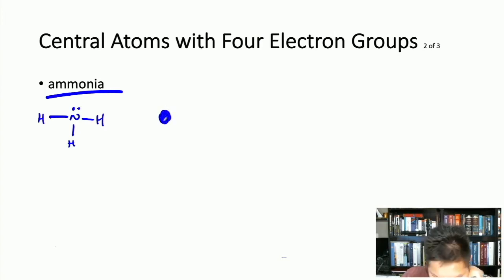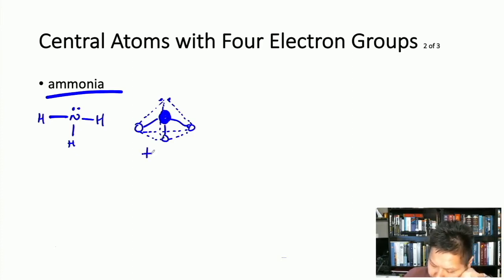We'll start out with our nitrogen right there, right? And there's a lone pair up here, right? And then I'll have my hydrogens come out like this. Right? And again, I'll make a shape out of this. So again, that looks just like the one for methane, right? So that is actually a tetrahedral electron group.